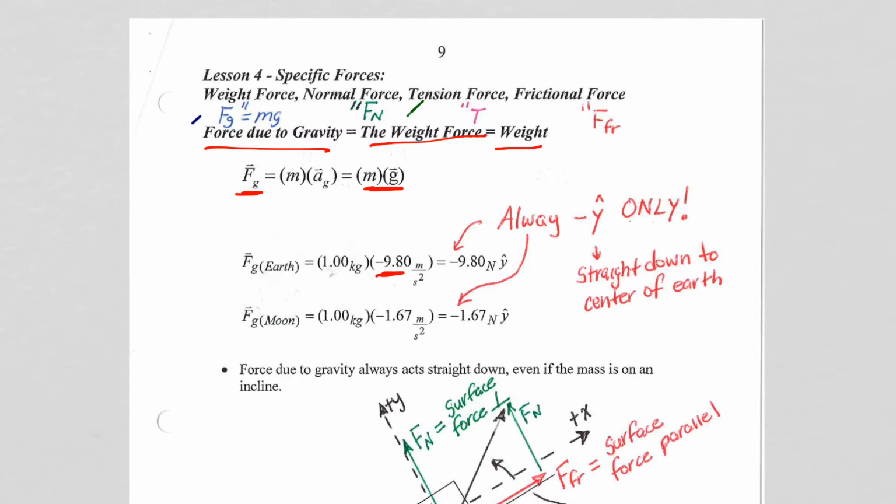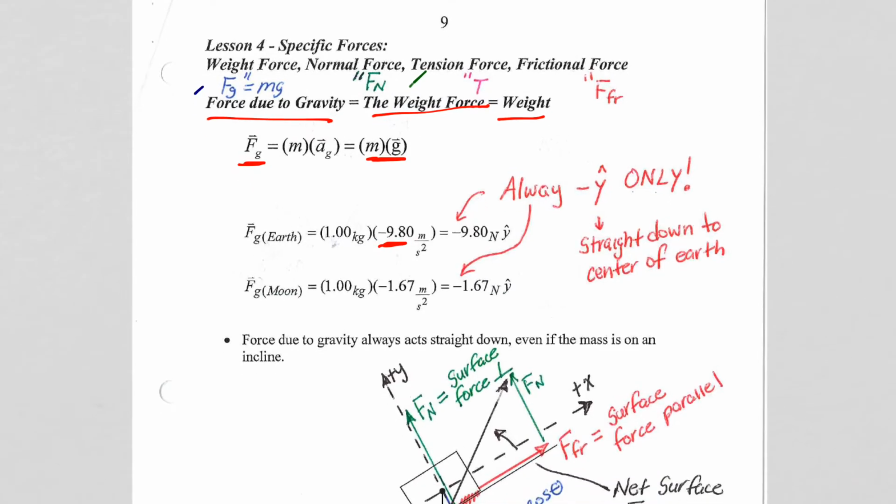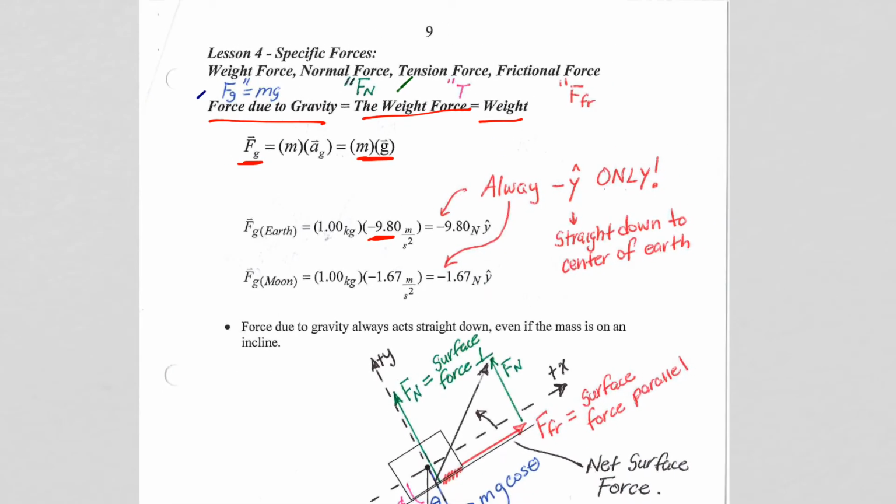Now we have a very interesting comparison here between the Earth and the Moon. We see that the Moon does not have the same constant gravitational acceleration near its surface that the Earth does. The Moon has about 1/6 the gravity of the Earth, or 1.67 meters per second squared of acceleration.